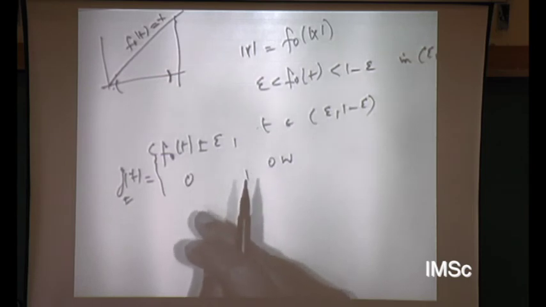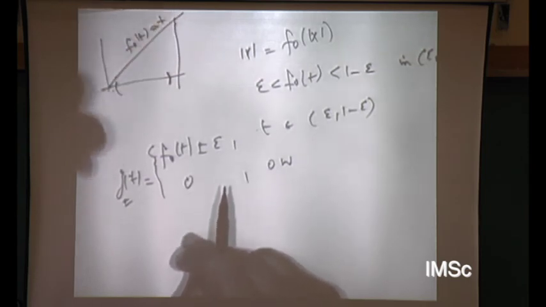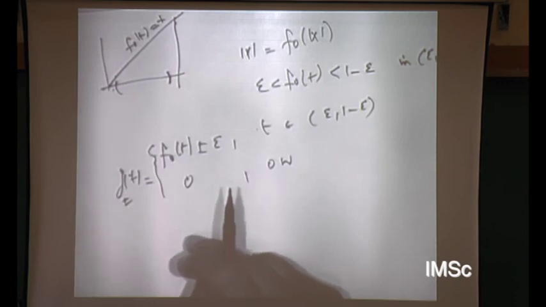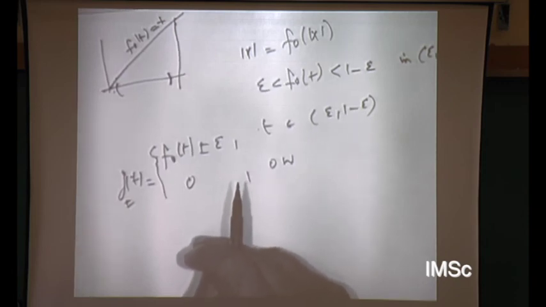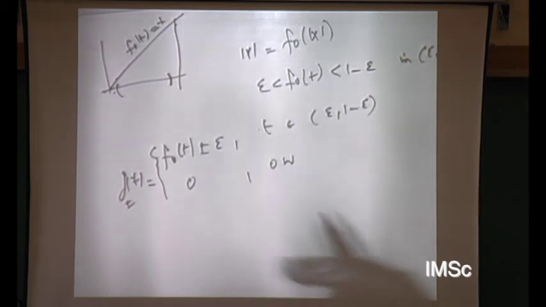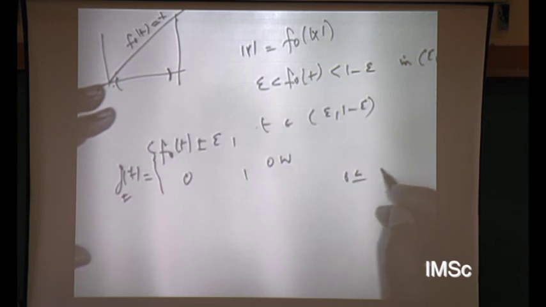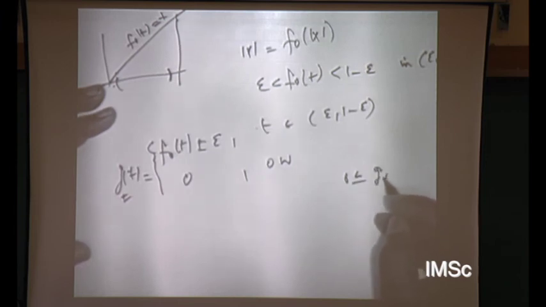What does this do? This ensures that the functions g plus or minus are non-negative and less than or equal to 1. Okay, 0 less than or equal to g plus minus less than or equal to 1.